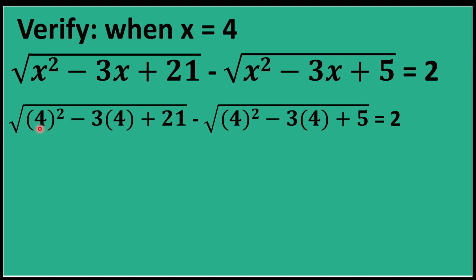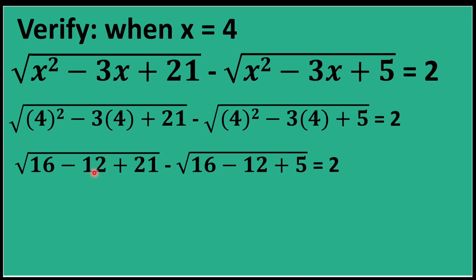So this will become 16, minus 12 and plus 21, and this will become 16 minus 12 plus 5. So 16 minus 12 equals 4, and 4 plus 21 equals 25. And again 16 minus 12 equals 4, and 4 plus 5 equals 9.